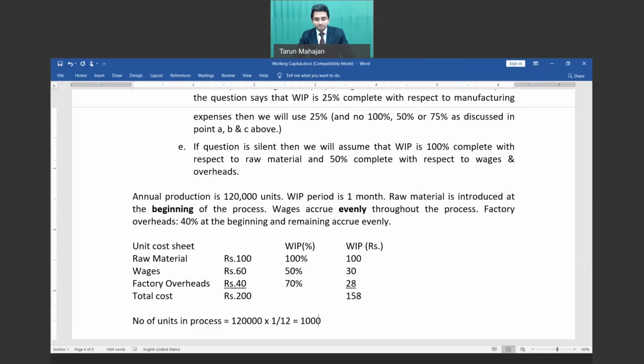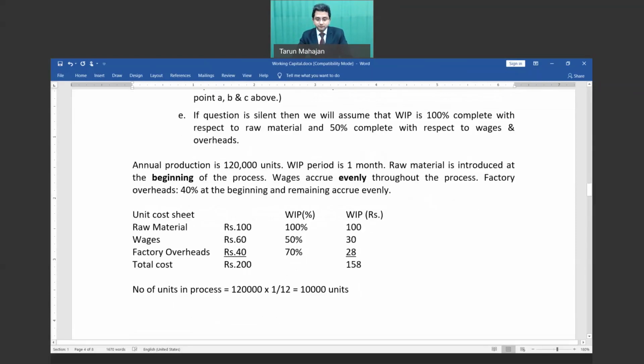So 10,000 units will be in process. So WIP amount will be 158 rupees into 10,000 units. That is rupees 15,80,000.